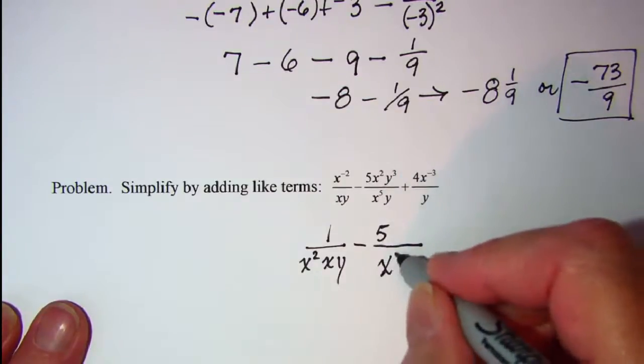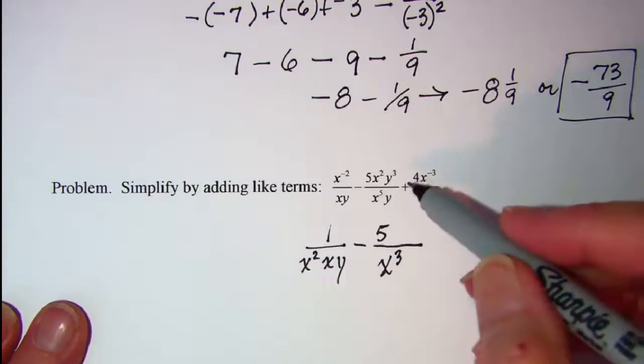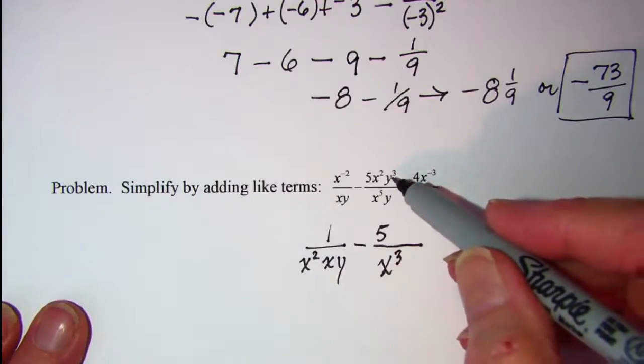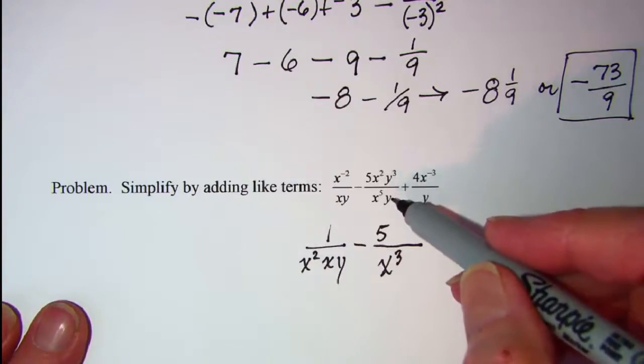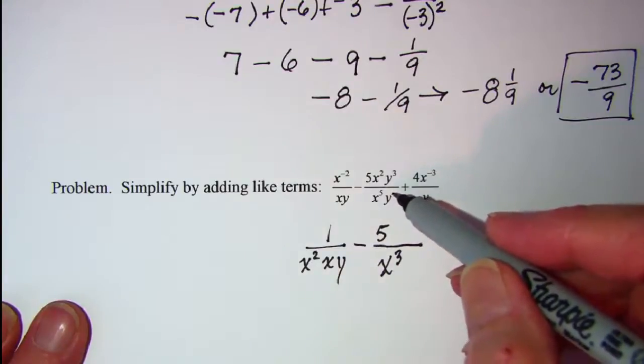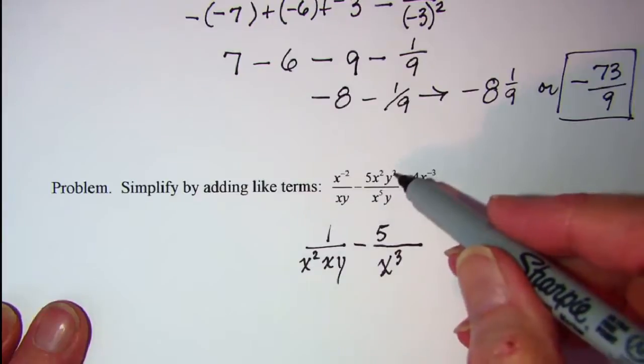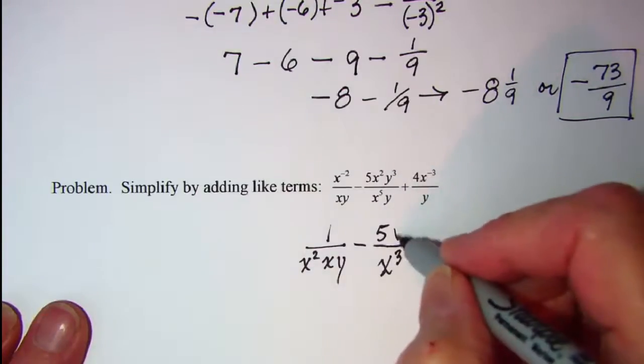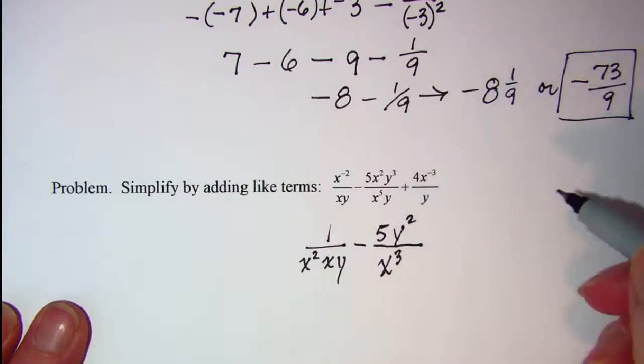So I'll have x cubed, and then this one I have 1 y factor in the denominator. I'll cancel that with one of these, and I'll have y squared in the numerator.